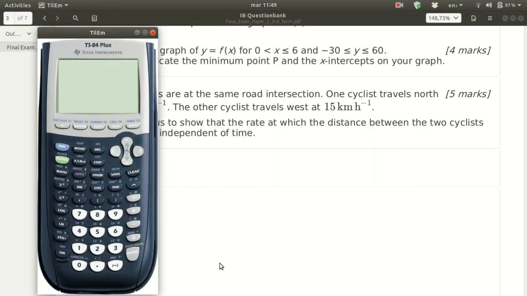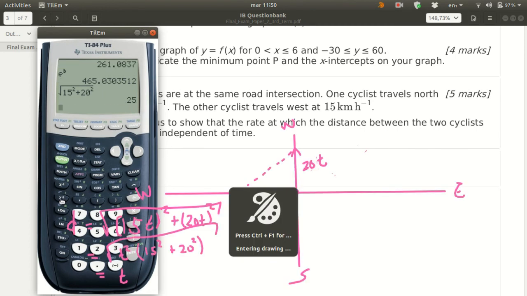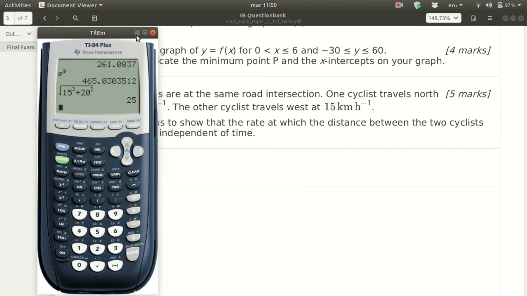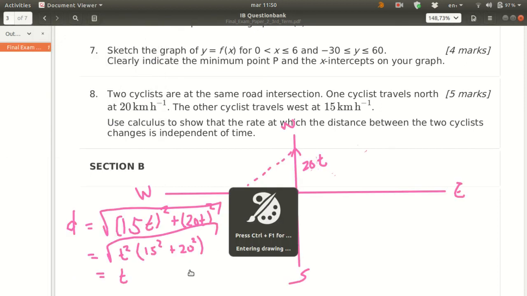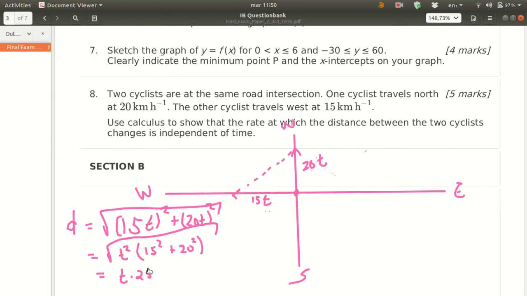The square root of 15 squared plus 20 squared. So it's 25. So the distance is 25t.